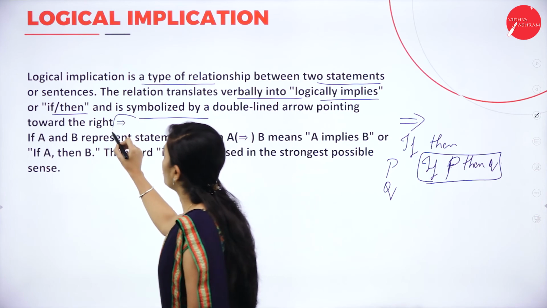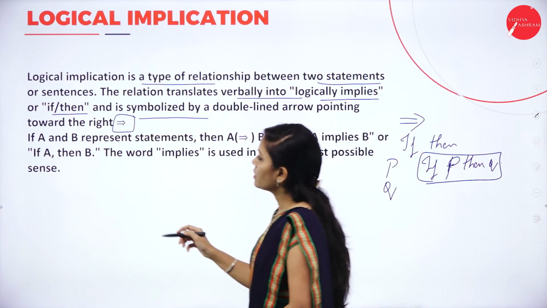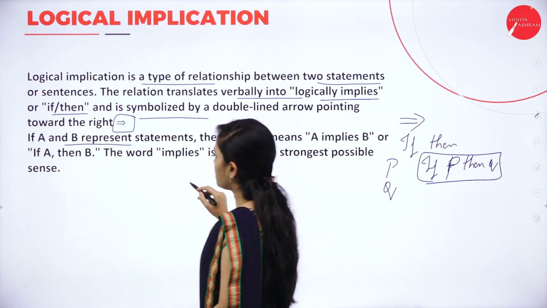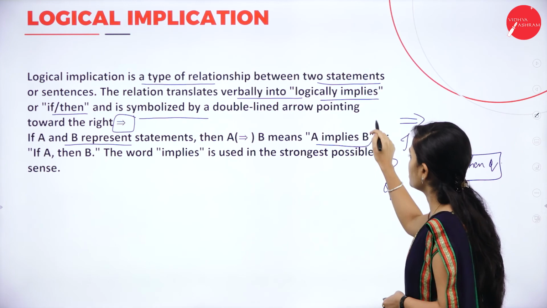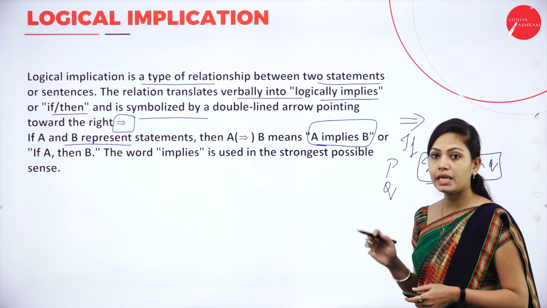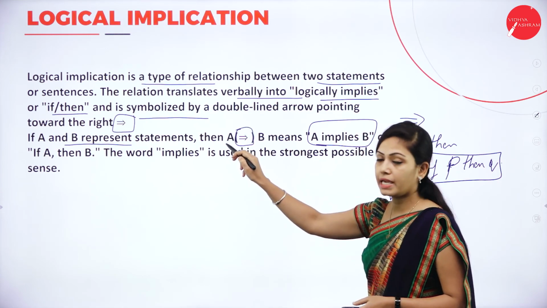So this is the logical implication symbol, implies. And if A and B represent statements, then A implies B means A implication B. We can call it A implies B.